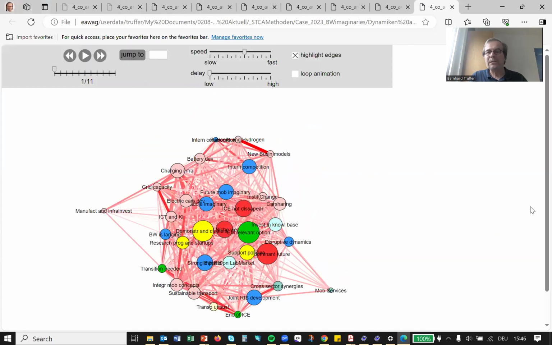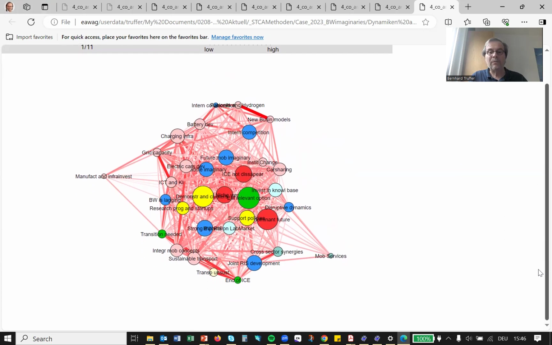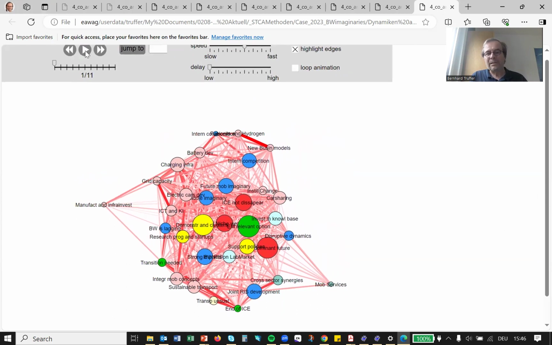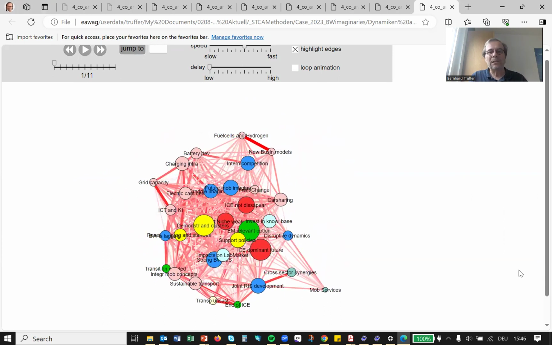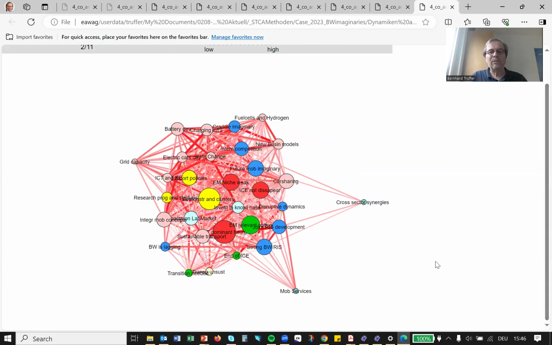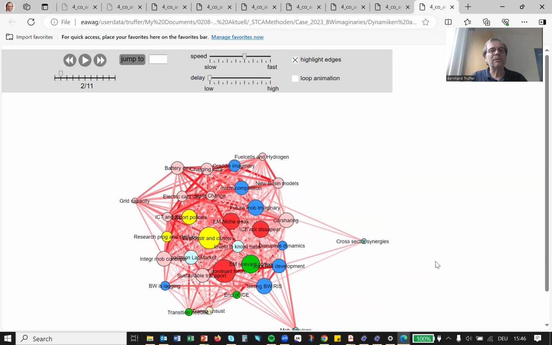So here you see it, you can just do movies about the network development where you also see the individual elements developing. And I have here also the same 4 years moving time windows. And when you start it, you see how over time the different elements have moved in their configuration. You can perhaps focus on the green elements and the red elements and how they changed over time.